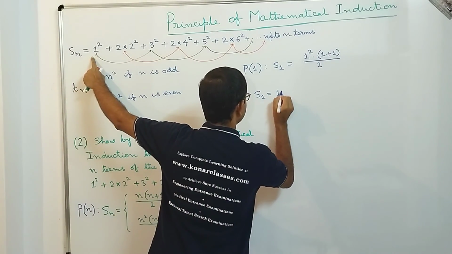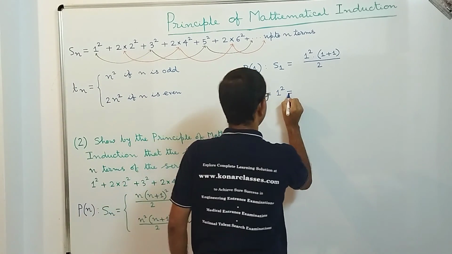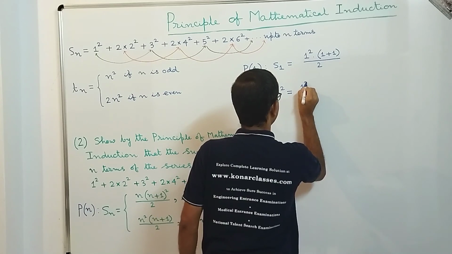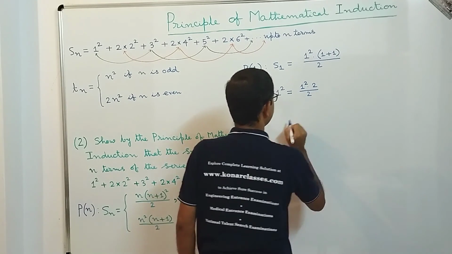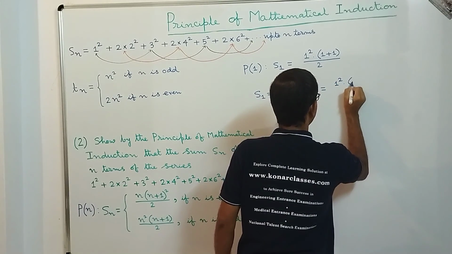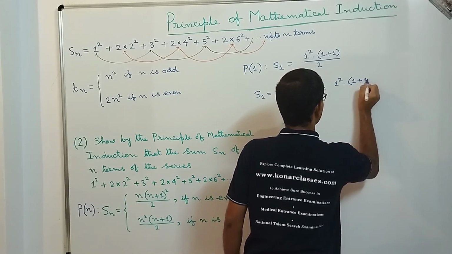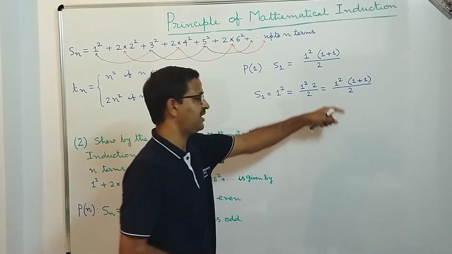That 1 square we can express like this: 1 square into 2 divided by 2, that is equal to 1 square, we can write 1 plus 1 by 2. Now you may ask, sir, why are you expressing 1 square like this?